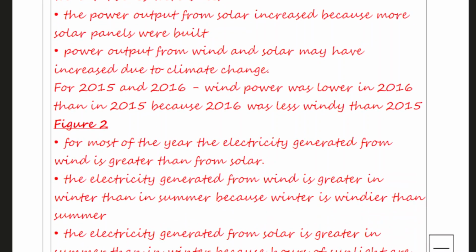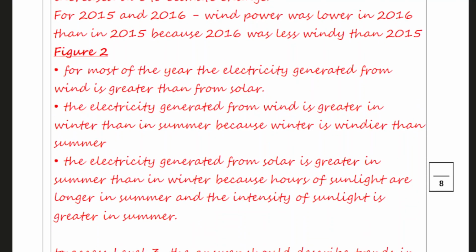Figure 2, for most of the year, the electricity generated from wind is greater than from solar. The electricity generated from wind is greater in the winter than in summer because winter is windier than the summer months. The electricity generated from solar is greater in the summer than in winter because the number of hours of sunlight is larger in the summer and the intensity of sunlight is greater in the summer as well.